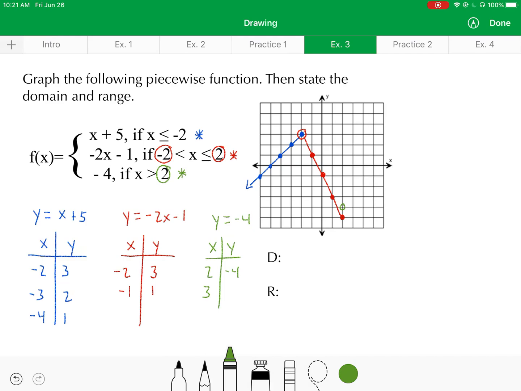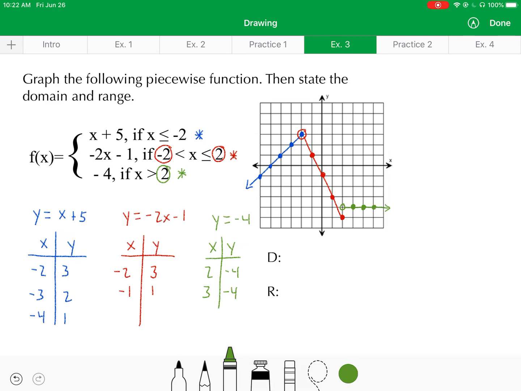So the next would be 3. All right. That's going to lead me to y being -4 as well, right here. And you can see what's going to happen is I'm going to get a horizontal piece here, but it's only going to extend over to the right for x values that are larger than 2. Okay.